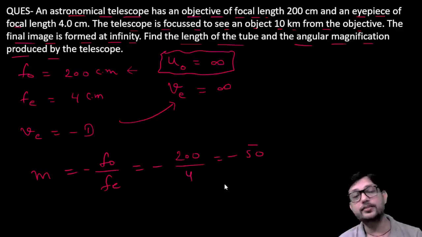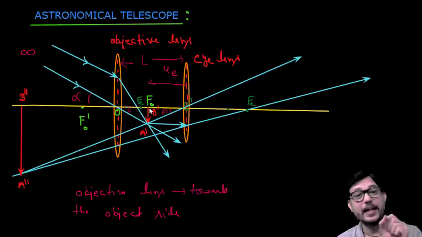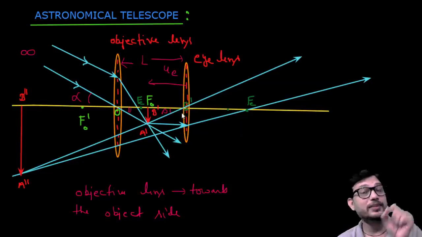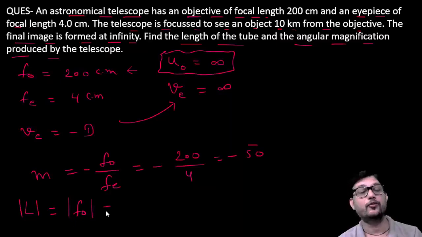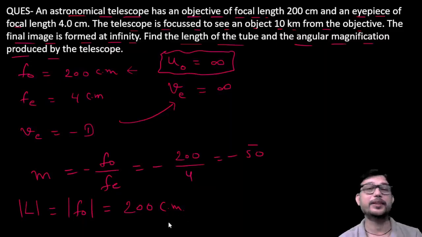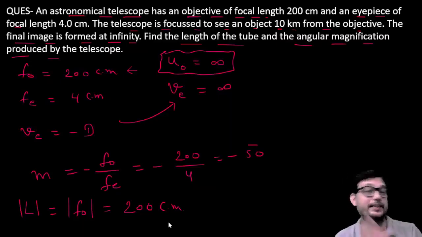And the length of the tube, as I have already told you, in this proper diagram, if we consider that FO is close to the optical center of the eye lens, meaning FO is nearly equal to O dash, then L becomes FO. So the length will be 200 centimeter.